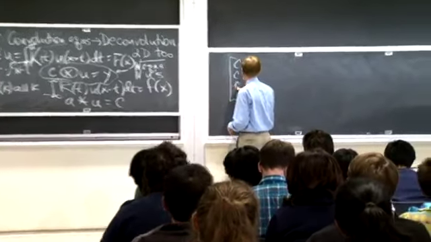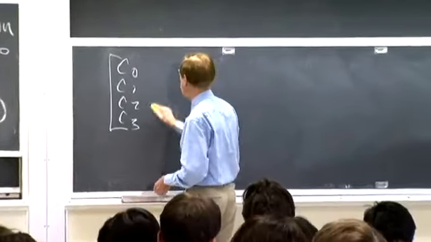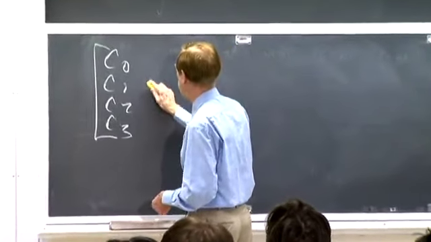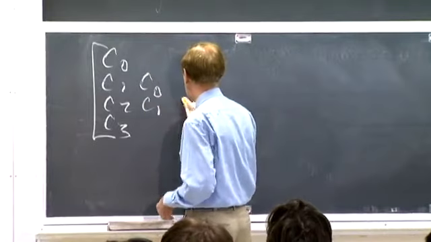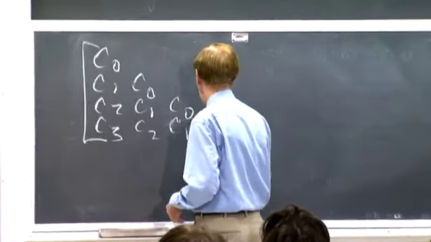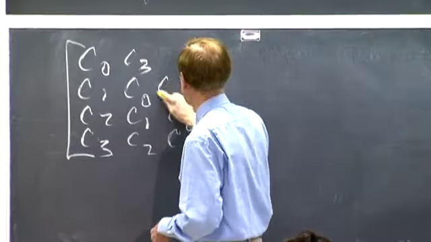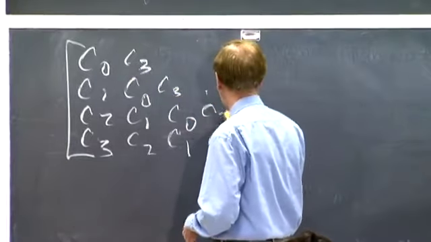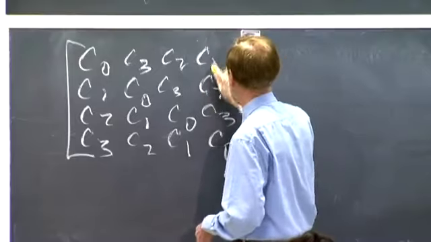C0, C1, C2, C3. I'll make n equal 4. And this convolution has C0, C2, C1, C3, C2, C1, C0. This will be C3, C3, C3. I'm writing down all the right numbers in the right places.